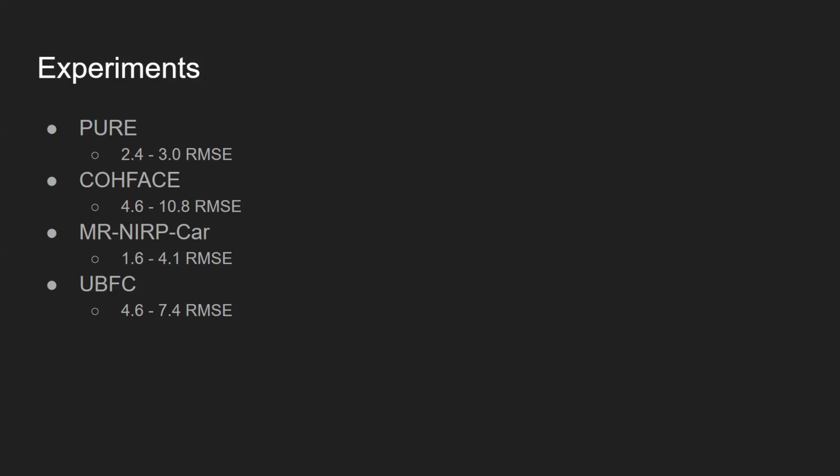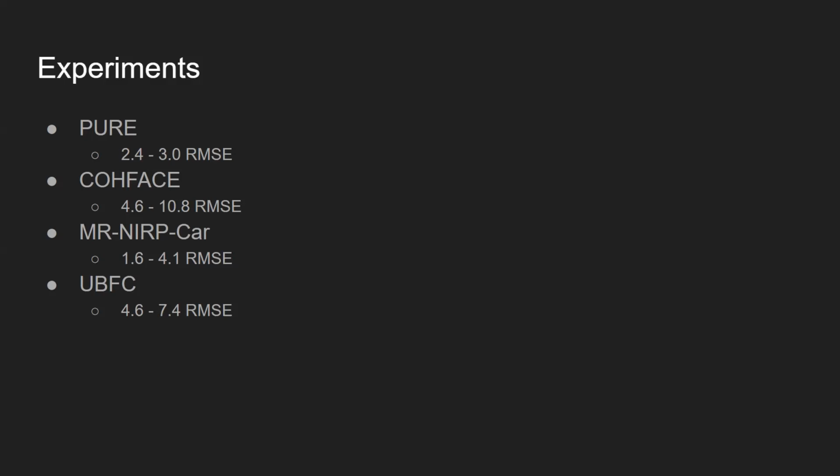For the MR-NIRP Car dataset, this produces a low baseline of 2.9 RMSE, but the supervised system improves the result to 1.6 RMSE. The contrastive system performs the worst in this dataset with an RMSE of 4.1, but it does so without ground truth labels.